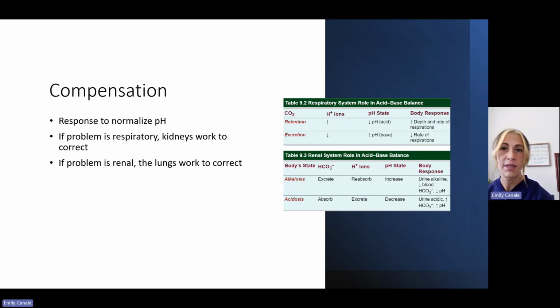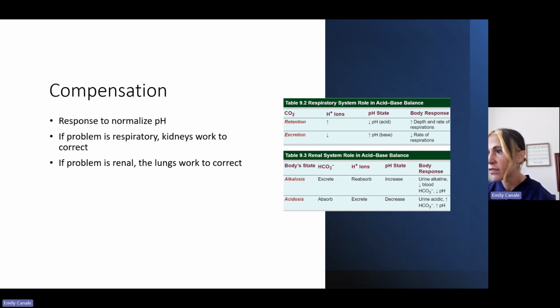It really describes any sort of physiological response that there was an imbalance at some point, and now we attempted to normalize the pH. So if the problem is from a respiratory problem, then the kidneys are going to work to correct that. If the problem is of renal origin, then the lungs are going to work to correct that. So compensation could be affected by different things.